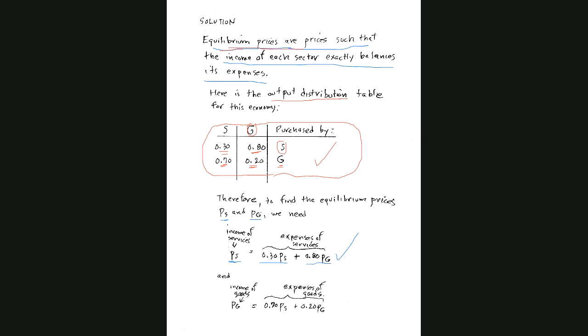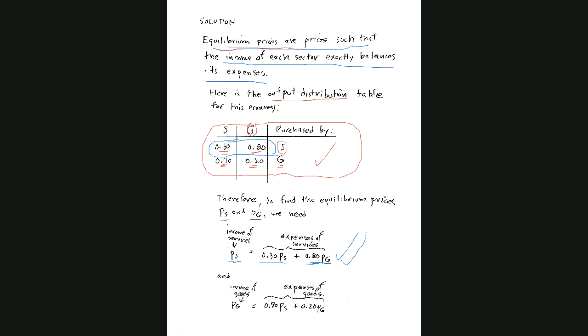Another way of thinking about it is the price for services will equal 0.30 times the price for services plus 0.80 times the price for goods. And that's just reading off the first row.